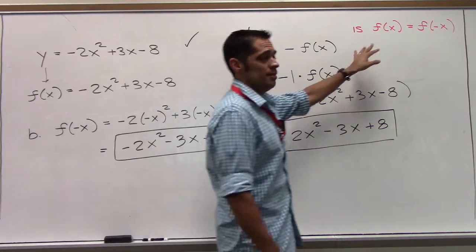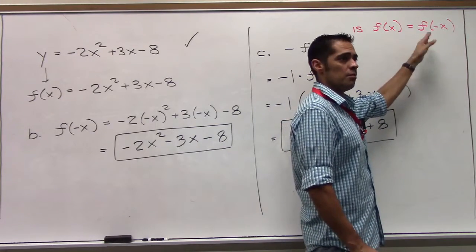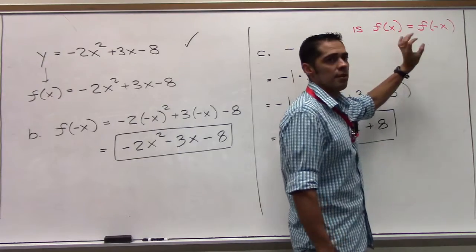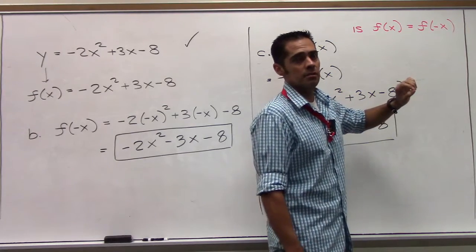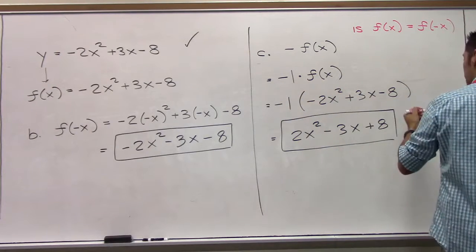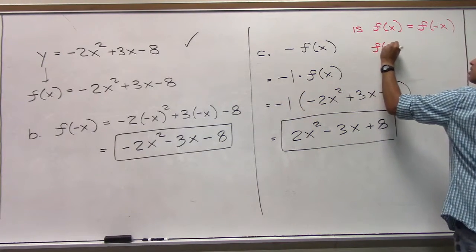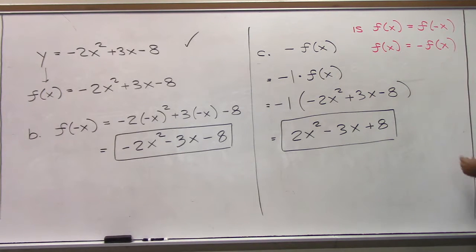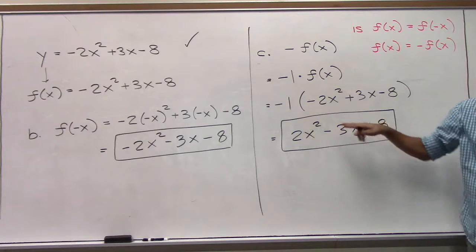When this happens, because some functions do behave this way, we call this function an even function, if that's true. All right? Now let me ask you this. Is f of x equal to negative f of x? So is the original function equal to this? No, they're not the same.